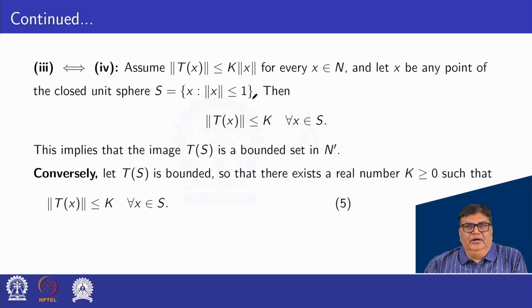Then for x an element of S, we have norm Tx less than or equal to k norm x, and since norm x is less than or equal to 1, it means norm Tx is less than or equal to k for all x belonging to S. This implies that the image T(S) is a bounded set in N'.